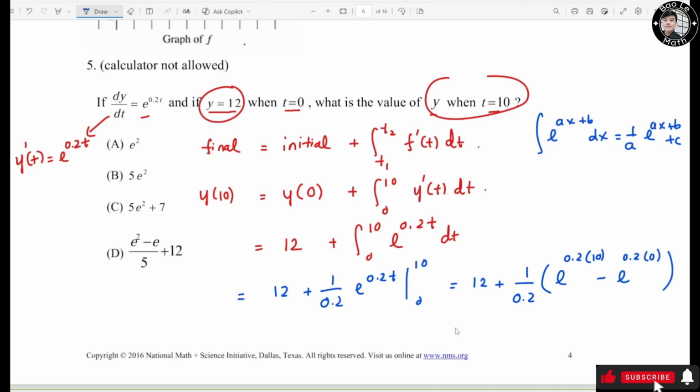So we're going to simplify this one. It's going to be 12 plus 1 divided by 0.2 is going to be 5, times e squared minus 1, so it's going to be 5e squared plus 7. This one is the final answer. The answer must be C.